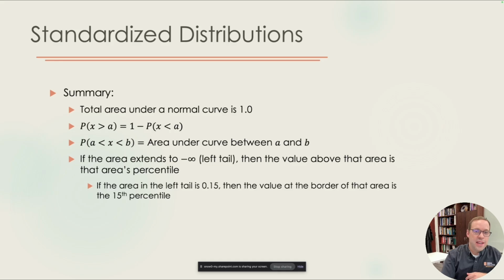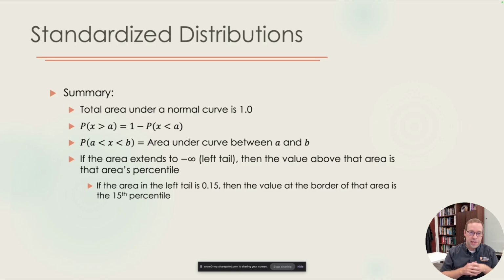All right. So, summary. What's the area underneath the curve? The total area is 1, meaning that represents the entire data set as 100% of the data. We can easily use our calculators to find the probability to the left of a value. How do we find the probability to the right of a value?